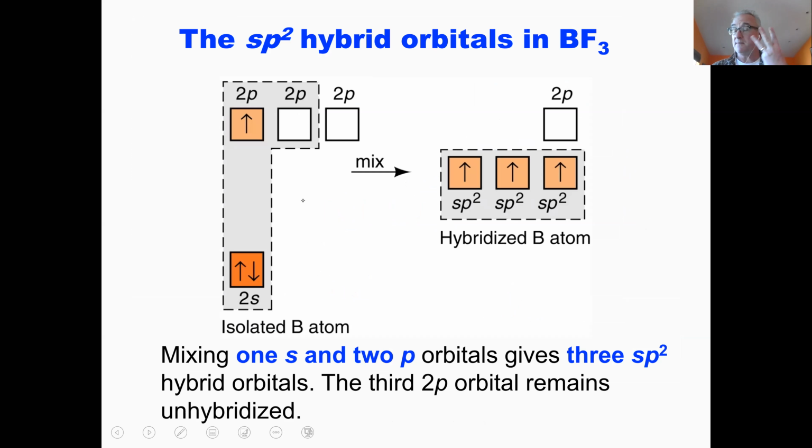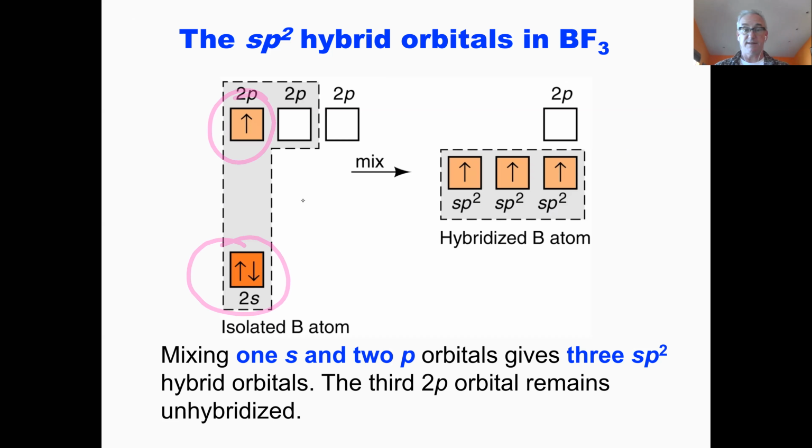Then when we get to 3 electrons required, like you have in boron. Boron is one of those elements that violates the octet rule because it's only got 3 electrons. So it can only form 3 bonds rather than 4. It has 2 in its 2s and 1 in the 2p, but it forms 3 bonds.